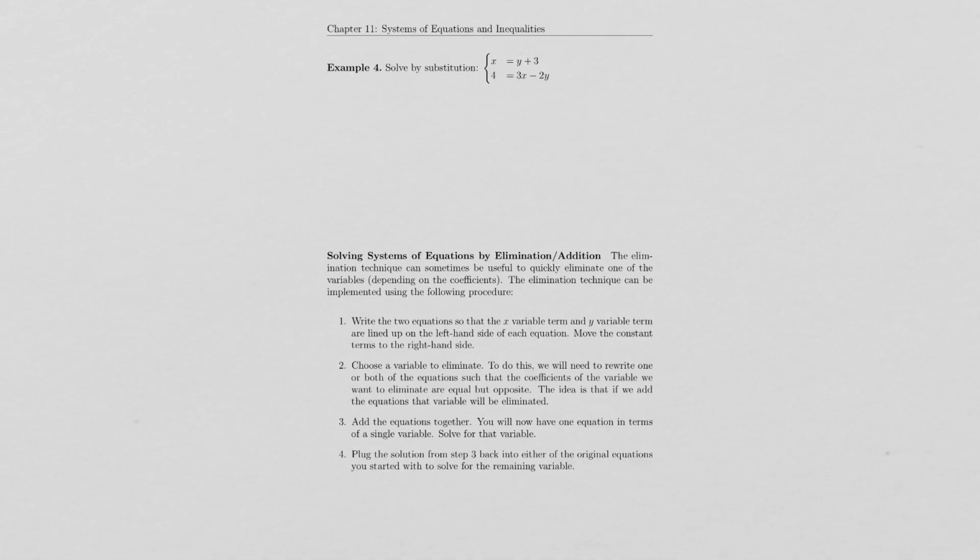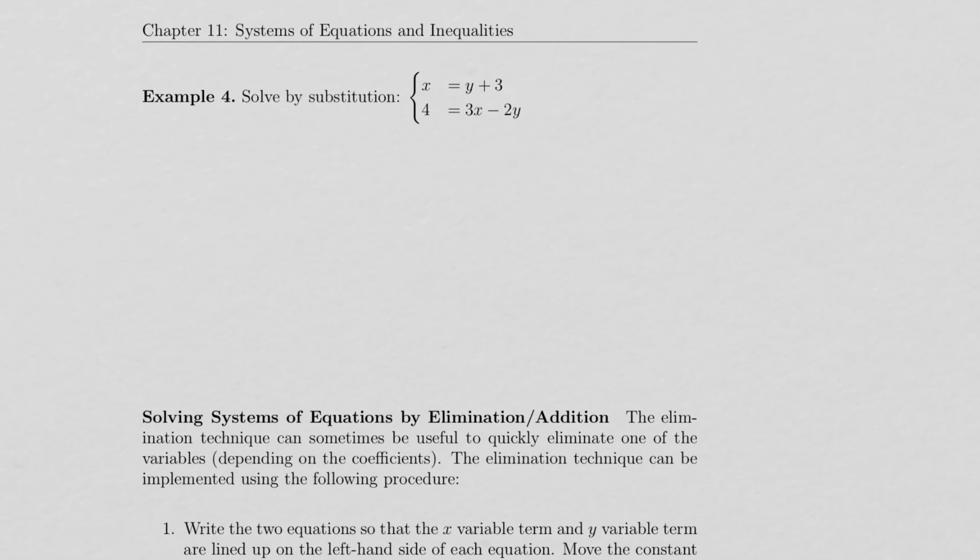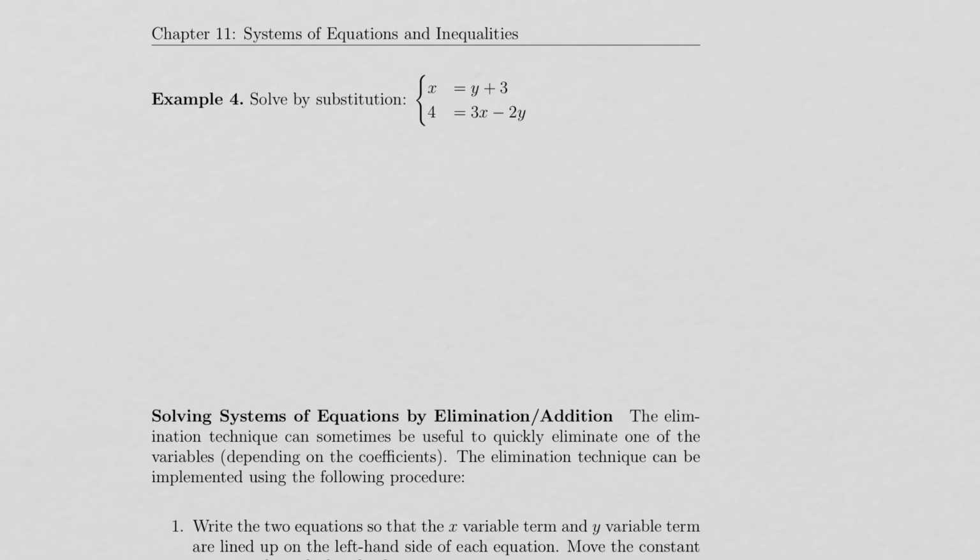Okay, let's do another example. Solve by substitution. All right, so remember the first step is to isolate one of the variables in one of the equations. Oh, this is nice. This first step is already done for us. So if you look at that first equation, we have x equals y plus 3.